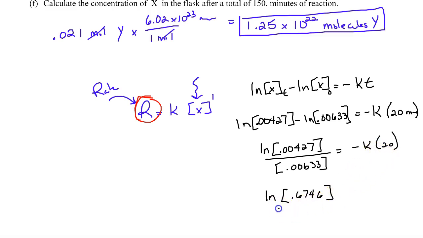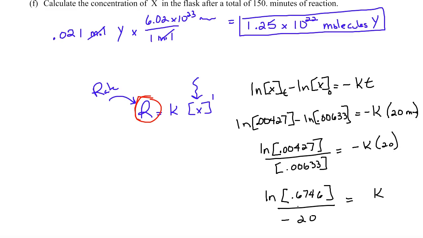Solve for k, right? So that's going to be over negative 20. Since this number is less than 1, it's a logarithm, so it's going to be a negative number, and the negative divided by negative 20 makes a positive value. Let's take the natural log of 0.6746 with our handy dandy calculator.